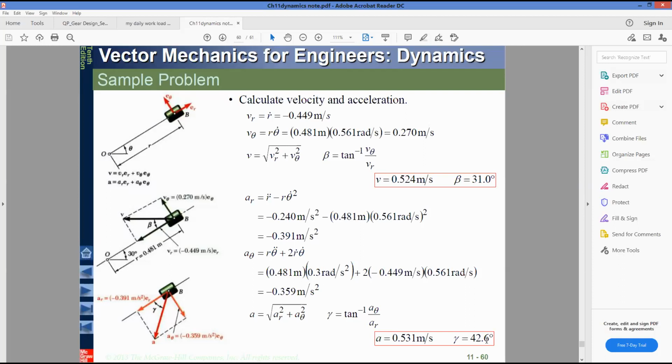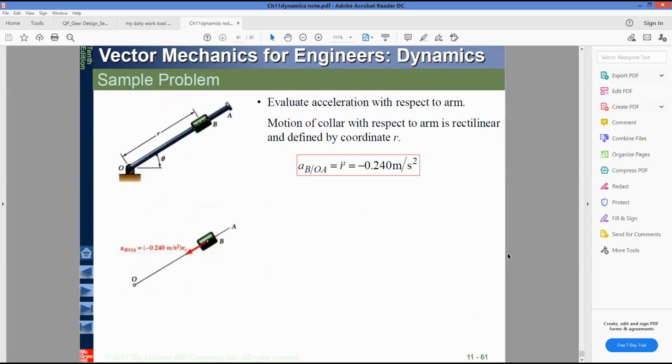I told you it always comes with the tangential, and for the present case the velocity direction and the acceleration direction are the same for the case of a_r. So that's why this creates an angle of gamma. Finally we get the total acceleration by squaring both, and it gives us 0.531. Okay, so this is another problem which we have solved.